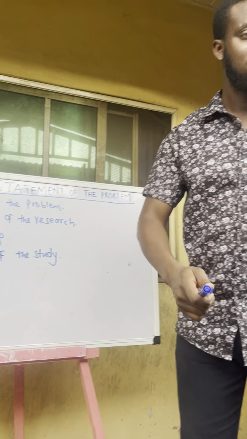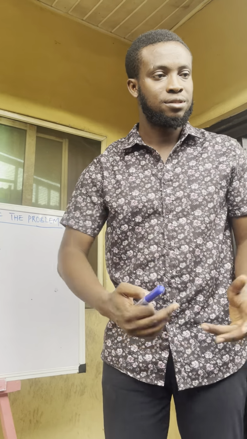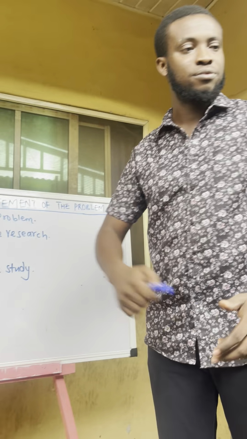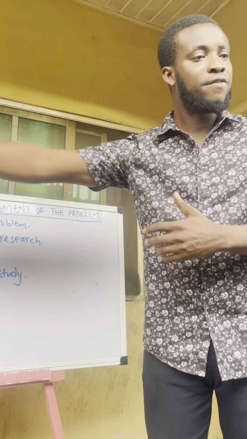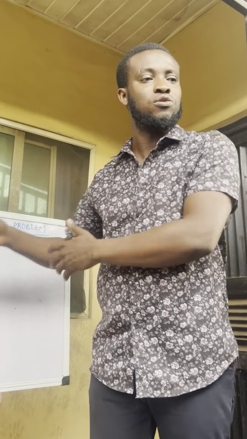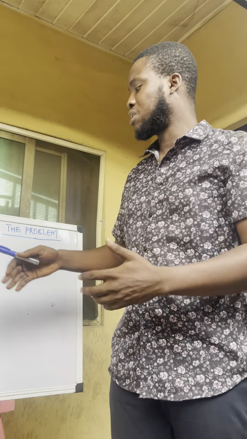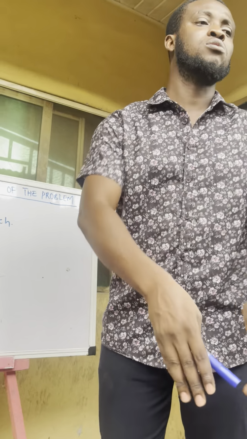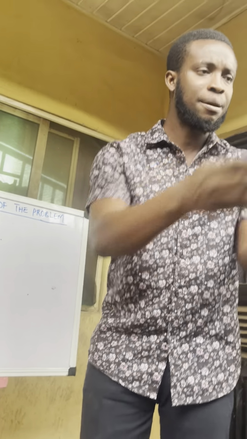What makes it important? Then the gap, because you must have read literatures in line with what you've done before. Maybe work has been done in that community, and that's a gap. Or maybe they didn't talk about attitude. Now you're talking about attitude. That's a gap. Nobody has done this.